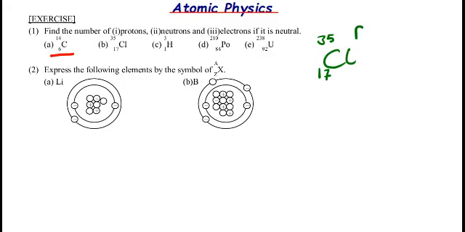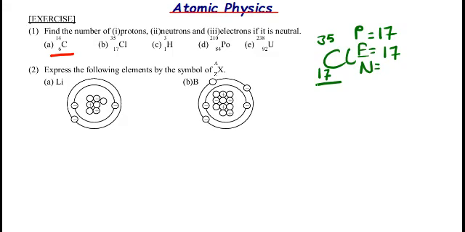So you say protons, electrons, and neutrons, like that. So what is the number of protons? Remember, this is a neutral atom, therefore we have 17 protons. And then we have how many electrons? 17 electrons, because this atom is a neutral atom, therefore we are going to have 17 electrons there.